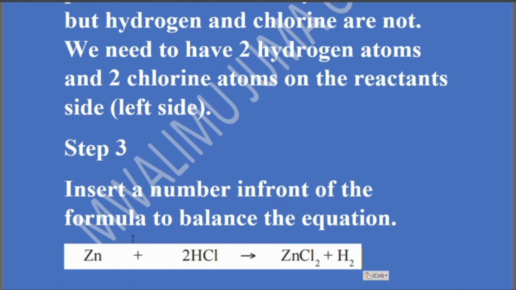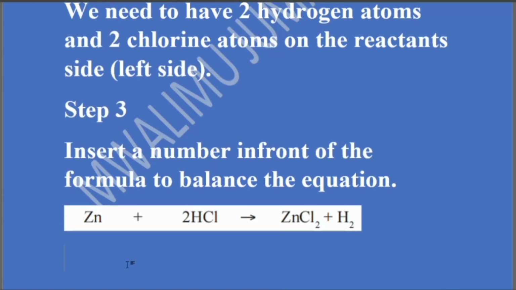Remember, we have inserted 2 in the formula of hydrochloric acid to make 2 atoms of hydrogen and 2 atoms of chlorine, so that also on the right side, you have 2 atoms of chlorine and 2 atoms of hydrogen. So you can note that the number 2 has been put in front of hydrochloric acid at the left side to make sure that the balance is achieved.